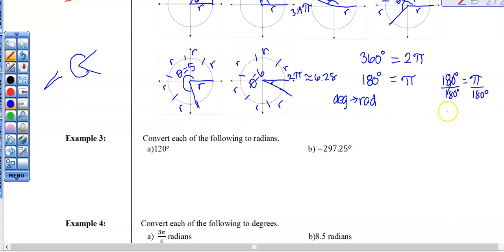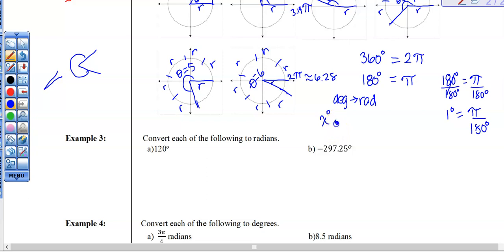So I know 1 degree is equal to pi divided by 180 degrees. This is a true statement. Okay, anytime you see pi over 180 degrees, that equals 1 degree. So if I want to go from degrees to radians, here's what I do. I say, okay, I have x degrees, and I want to convert that to radians.